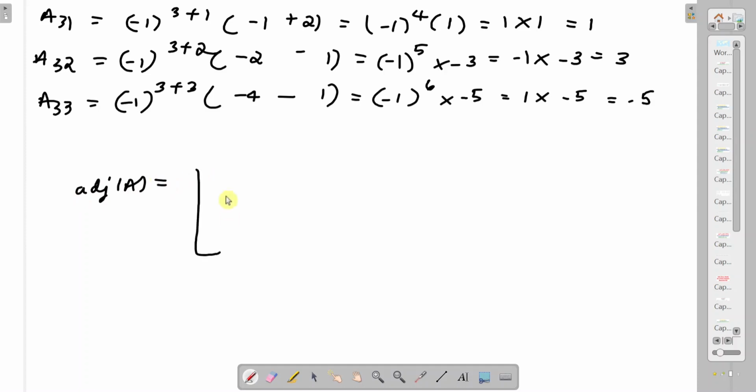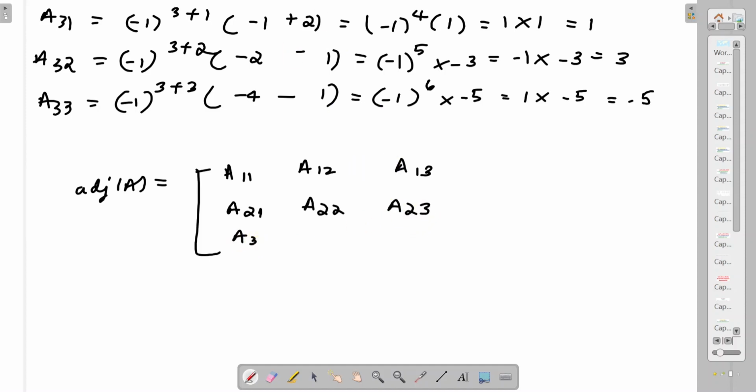So adjoint of A is actually what? It is the transpose of the cofactor matrix A11, A12, A13, A21, A22, A23, A31, A32, A33. Okay, let us write it properly.